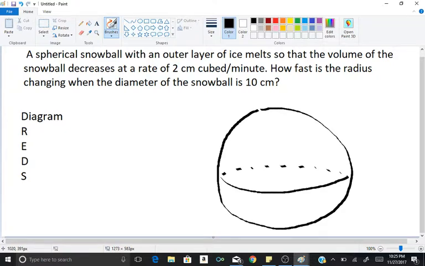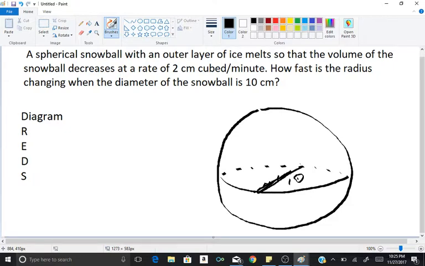It says the volume of the snowball decreases at a rate of 2 centimeters cubed per minute. How fast does the radius change when the diameter of the snowball is 10 centimeters? So I'm going to go ahead and draw a diameter here. And we know that's 10 centimeters.